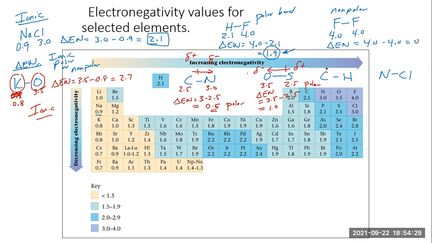Carbon and hydrogen. Carbon is 2.5. Hydrogen is 2.1. So the difference in electronegativity is 2.5 minus 2.1, which is 0.4. 0.4 is our cutoff for a non-polar bond, so this actually would be a non-polar bond. The difference is 0.4, and again, 0 to 0.4 is considered non-polar.